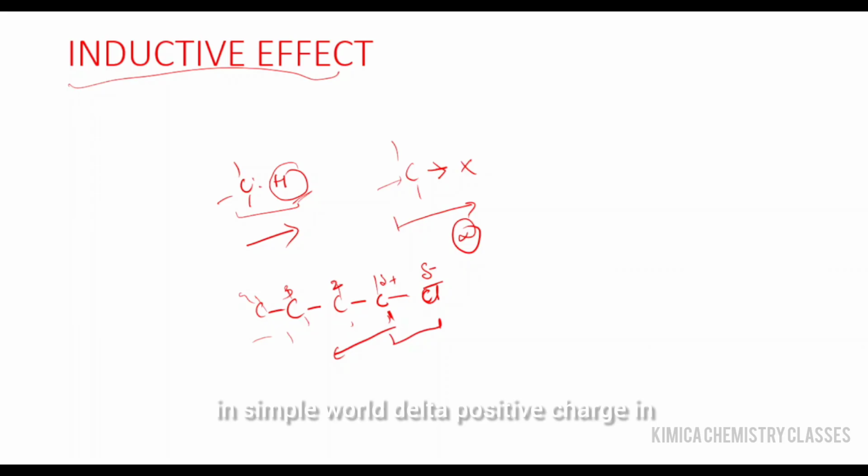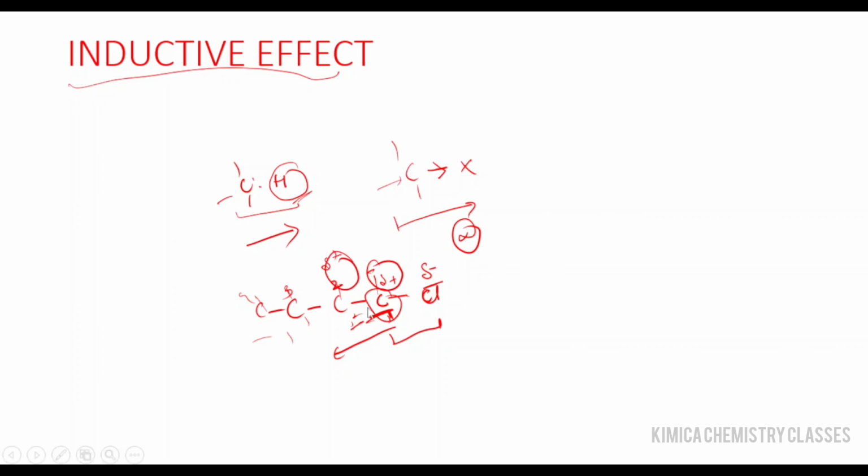In simple words, the delta positive charge on carbon atom 2 will be less than carbon 1. This delta positive charge is greater in carbon 1 as compared to 2, and as compared to 3, 4.